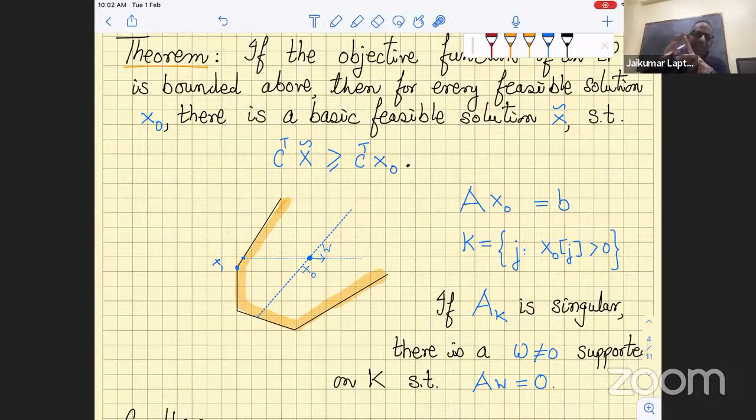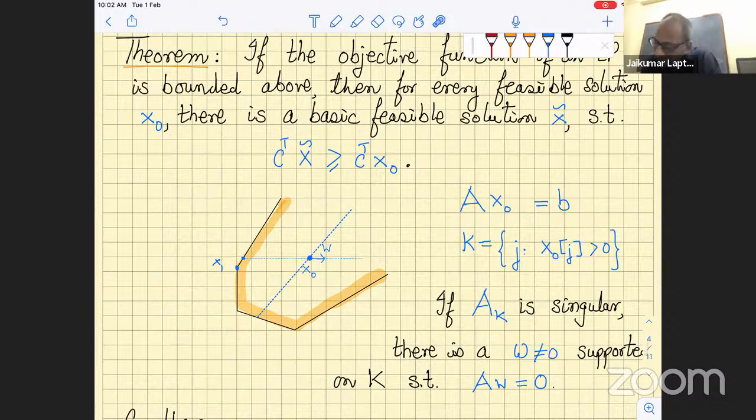Now, of course, I had always been drawing misleading pictures where when you cut the space, you got some sort of a bounded figure. But the figure need not be bounded. The slice that you took of the non-negative orthant might open up into the positive side, which is more like what is here. So just to be careful, I've drawn this in this way, which keeps it slightly more general.